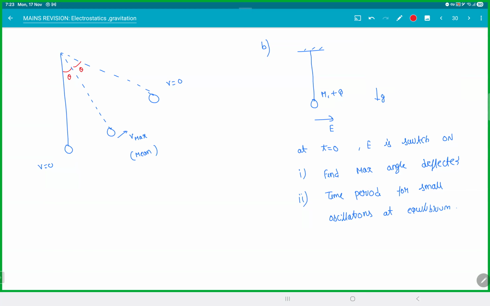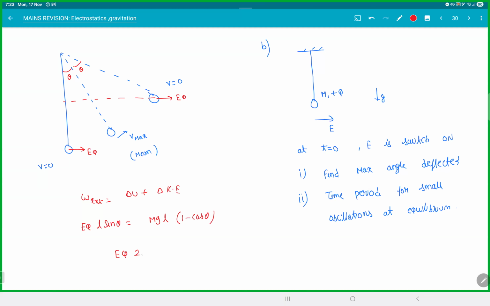But if you want to solve this normally, then the force is EQ here. This is the horizontal distance. So work done by the external force will be the change in potential energy plus the change in kinetic energy. Here the external force is EQ. Work done is EQ times L sine theta, that's your horizontal displacement. Change in potential energy is mgL into 1 minus cos theta.